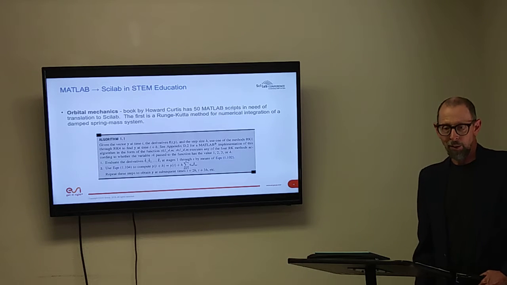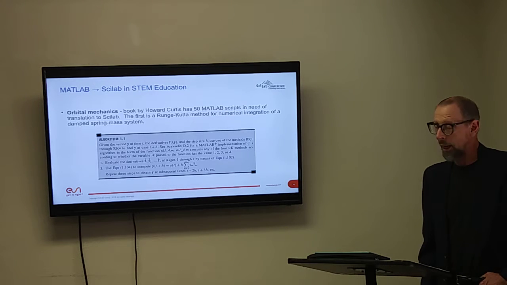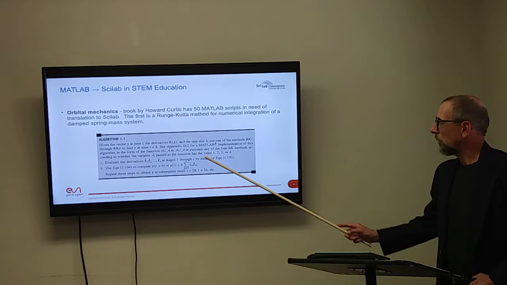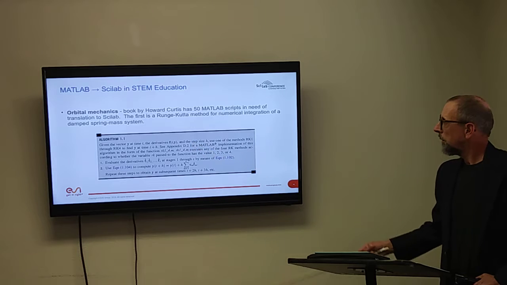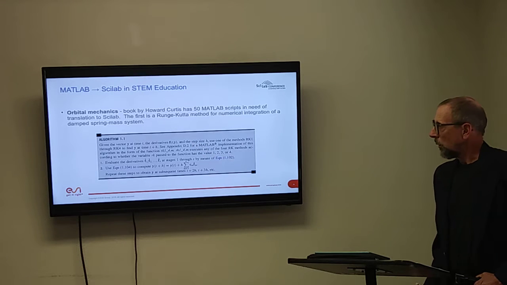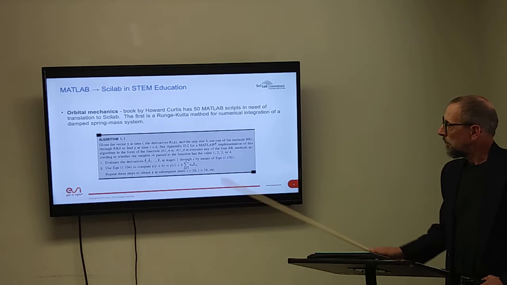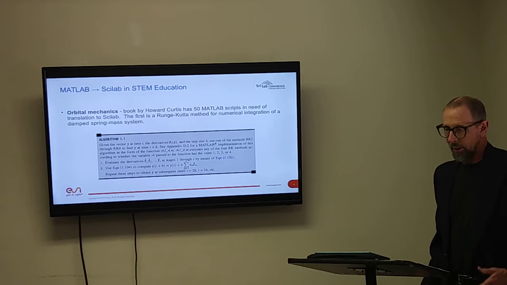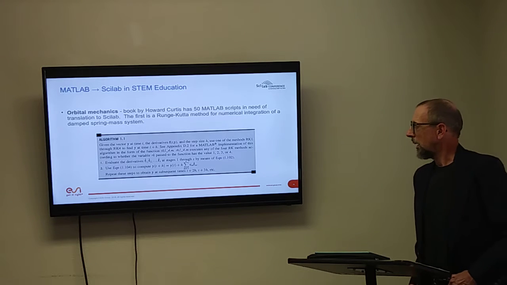Okay, the second exercise as an example of a MATLAB to Scilab code was orbital mechanics, and this is an algorithm given in the book by Howard Curtis called Orbital Mechanics. And that book has 50 MATLAB scripts at the end of the book that I'm working on converting to Scilab.